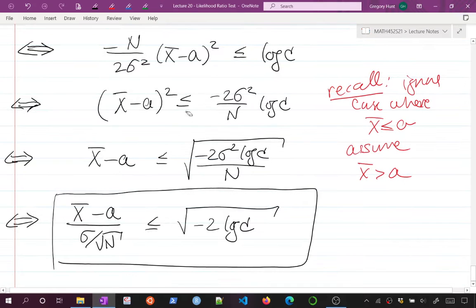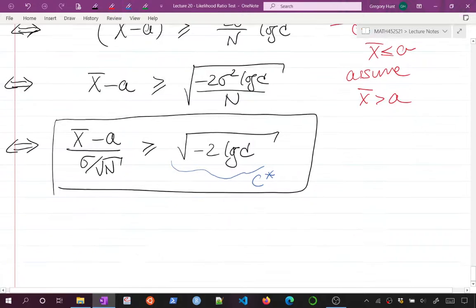We have to be careful. This sign should have flipped here, right? We multiply by a negative number. So the LRT correctly says reject when x bar minus a over sigma over root n is bigger than this constant. Let's just call this C star.